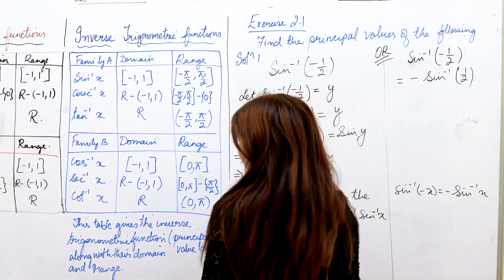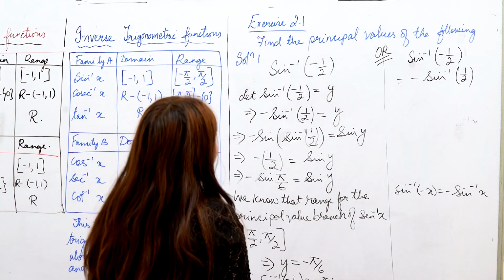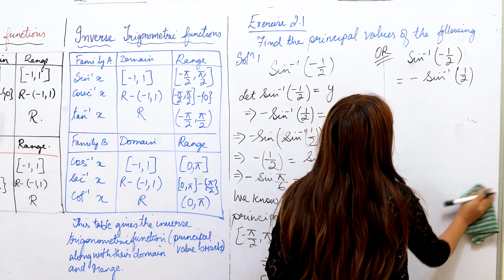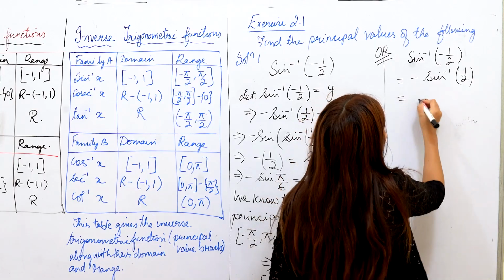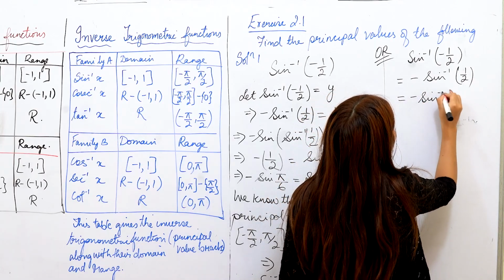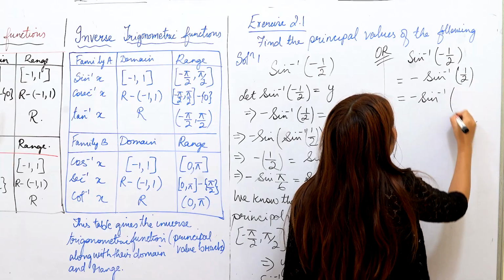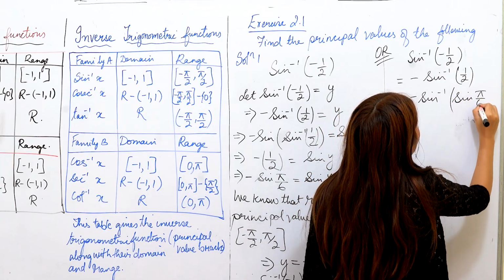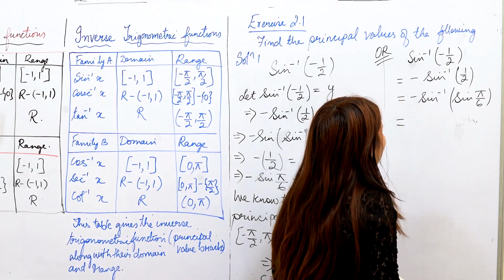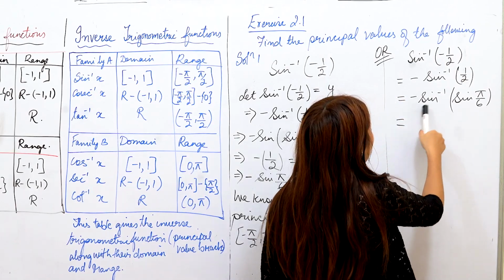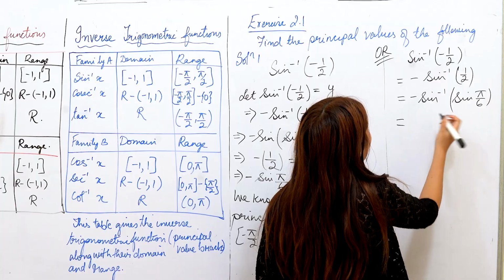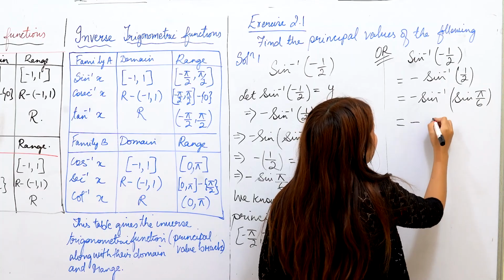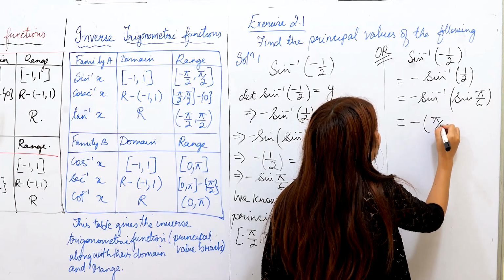Then directly, sine inverse of half is sine of pi by 6. After that, the sine inverse of sine of pi by 6 is pi by 6, so the answer is minus pi by 6.